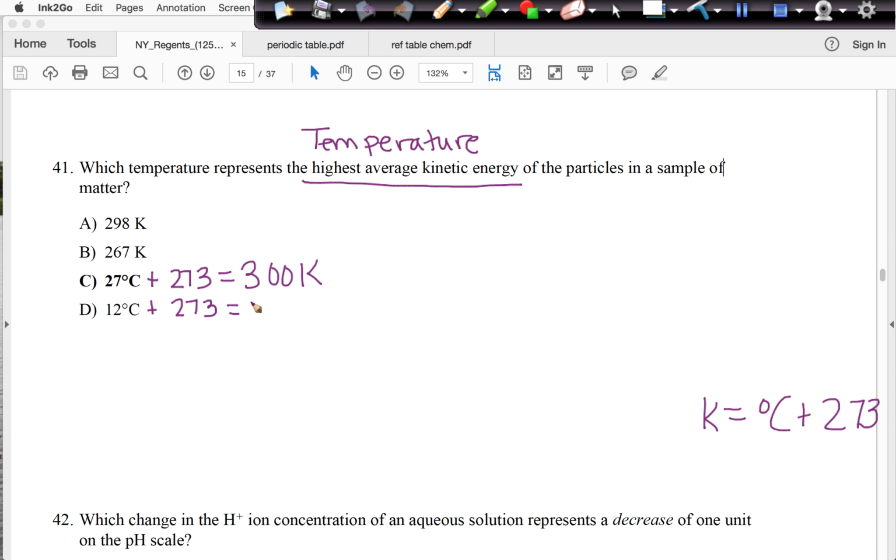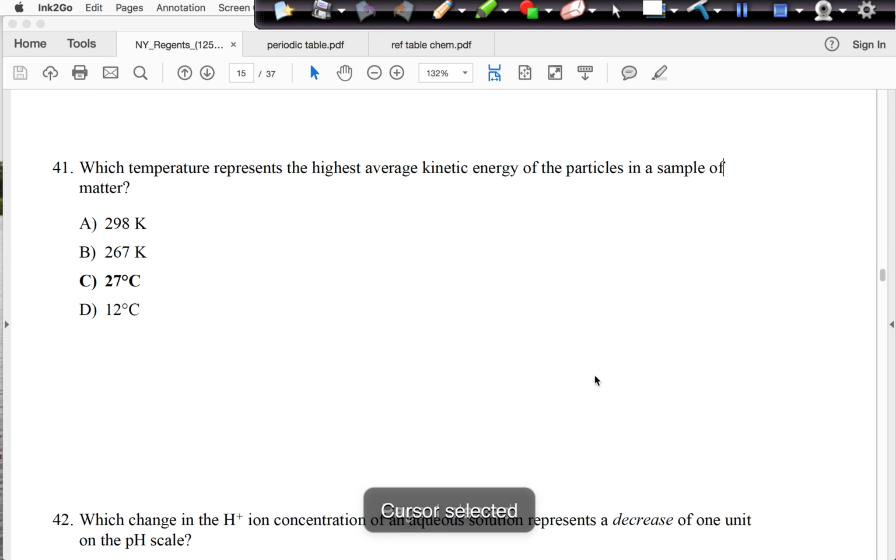When you add 12 to 273, that one is equal to 285 Kelvin. And now we can compare these 4 Kelvin temperatures, and the one that's equal to the highest temperature would be the highest average kinetic energy.